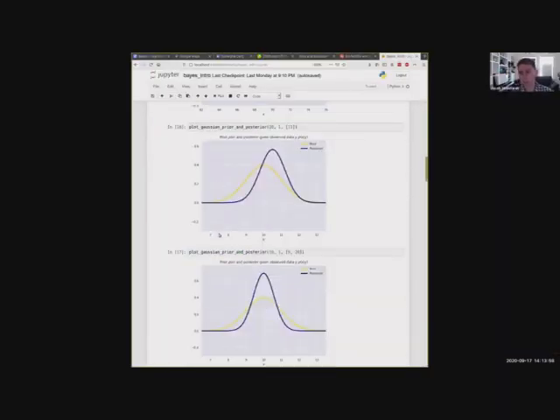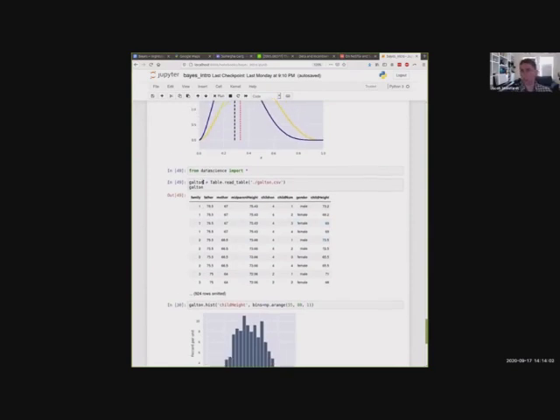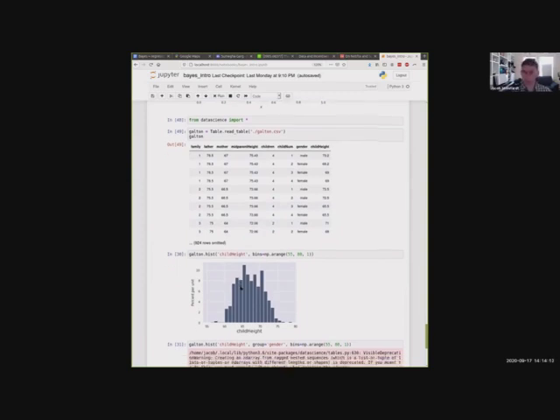So remember, we had this example from last time where there was this data of different people's heights. We looked at the distribution, and it wasn't really Gaussian.